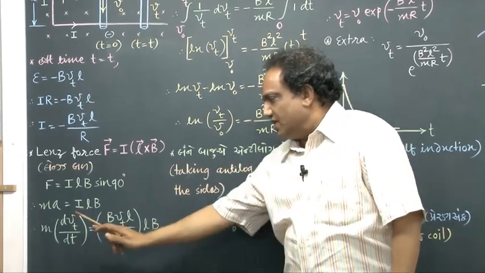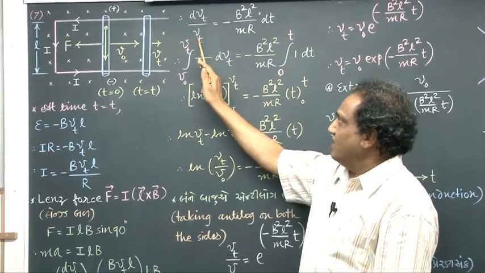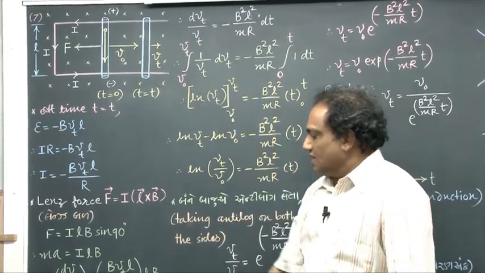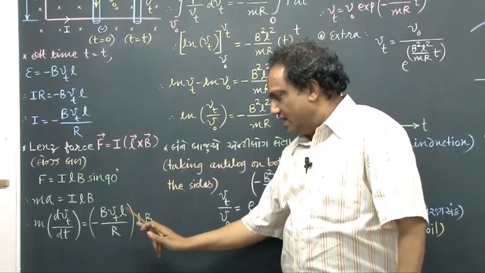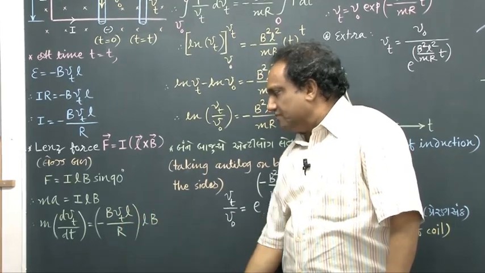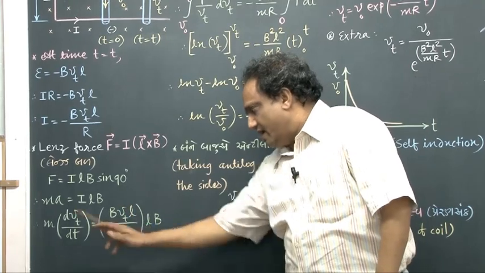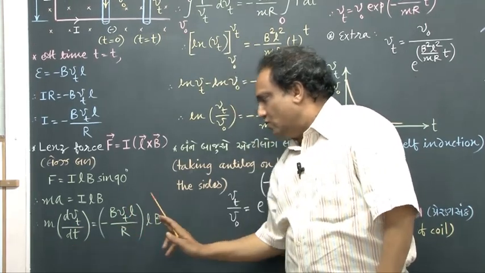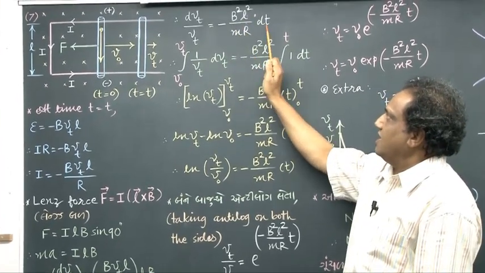So I repeat, dVt upon Vt should be equal to minus B square L square upon mR into dt.